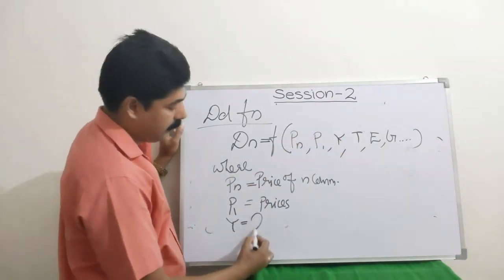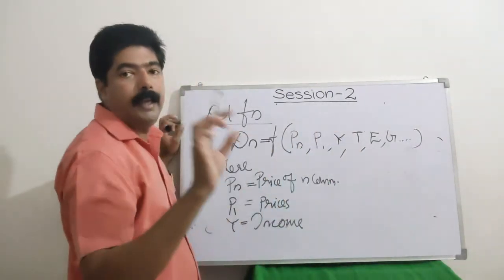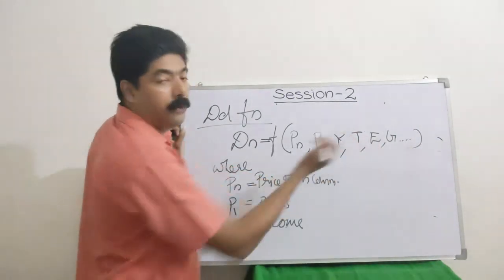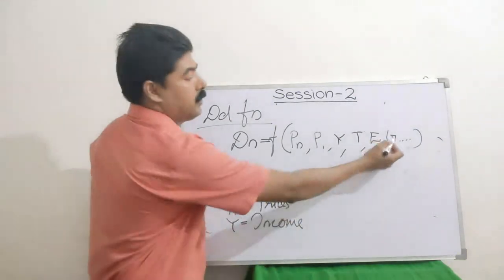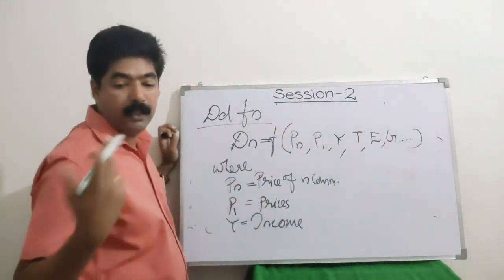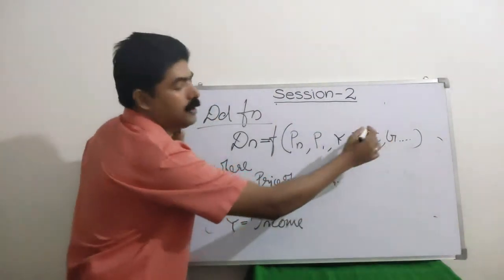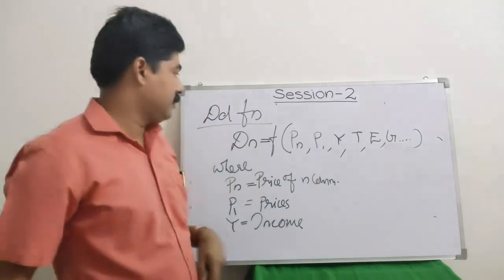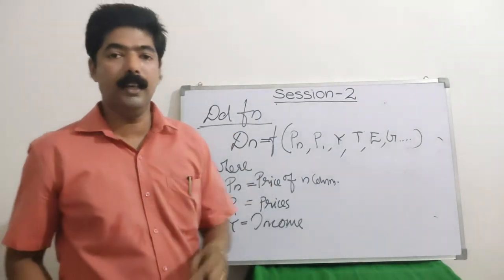T for taste and preferences. E for expectation regarding the price. G for government policies. So we use different letters to show the various determinants. So we have completed the demand function in relation with the determinants.